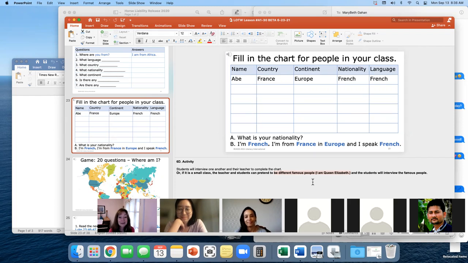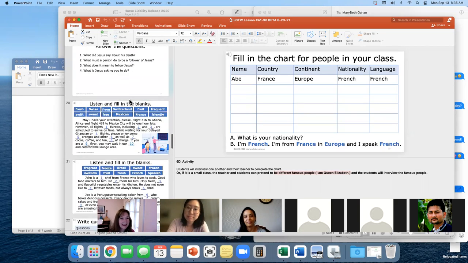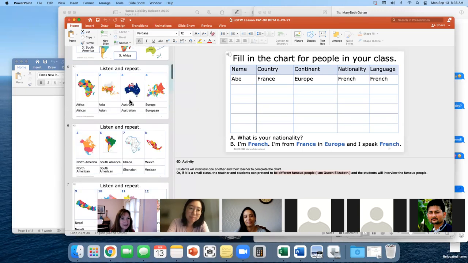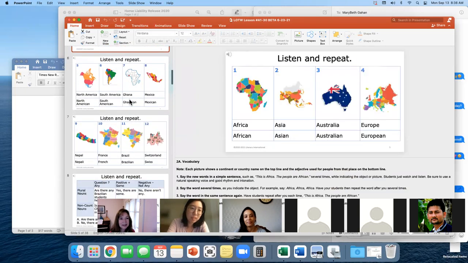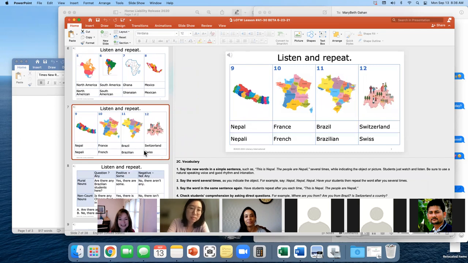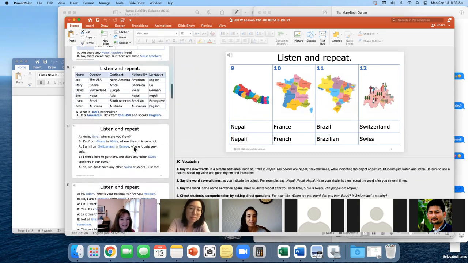So then it might be good for people to pretend that they are from different countries as they fill this out. Because we want to get them practicing all those vocabulary words that they learned in the beginning with different continents and countries. So that's the goal of it.